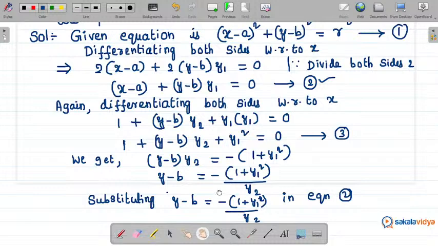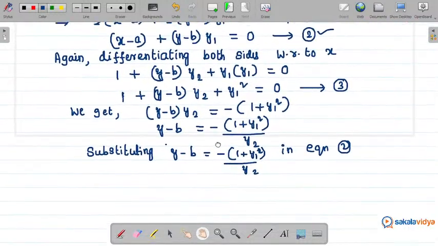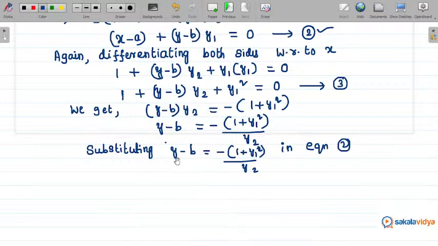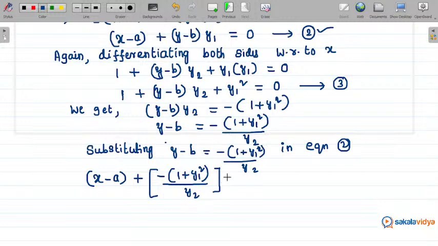What will happen I will tell you, don't worry. So if you substitute y minus b here, we get x minus a plus, in the place of y minus b, negative of 1 plus y1 square upon y2, multiplied with y1 equals 0.